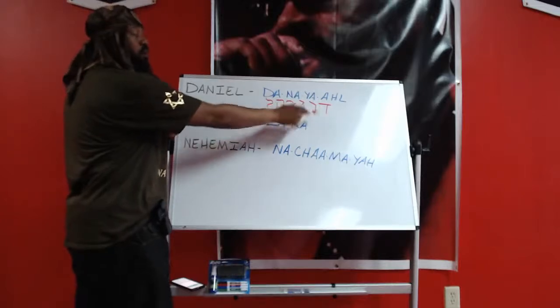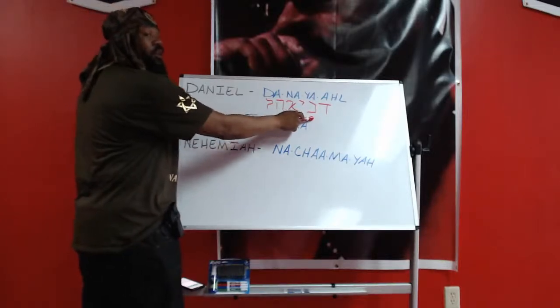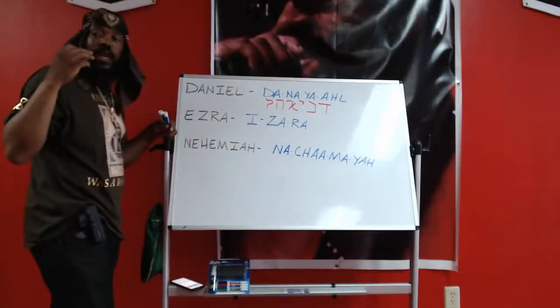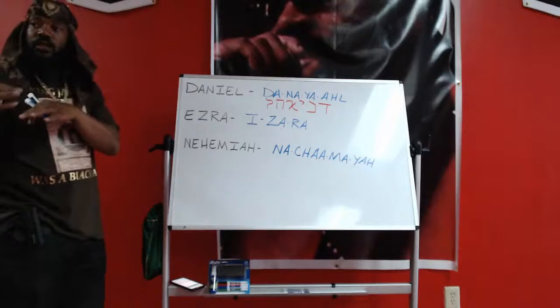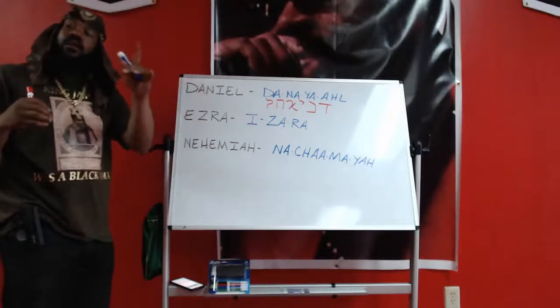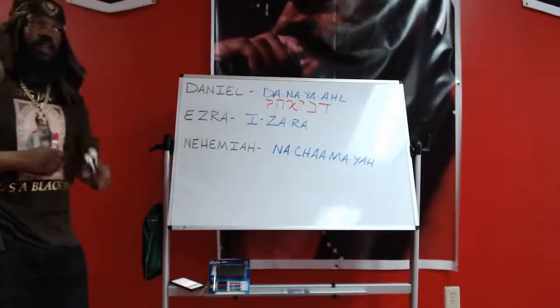Now the Na and the Ka can look confusing because the Na in the Assyrian kind of looks like the Ka in ancient Hebrew.